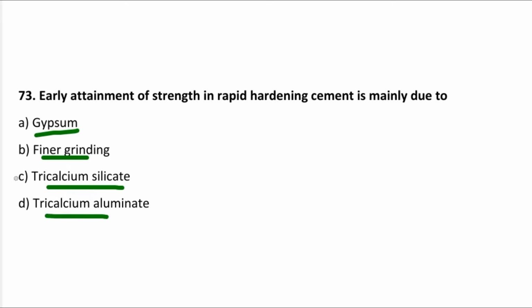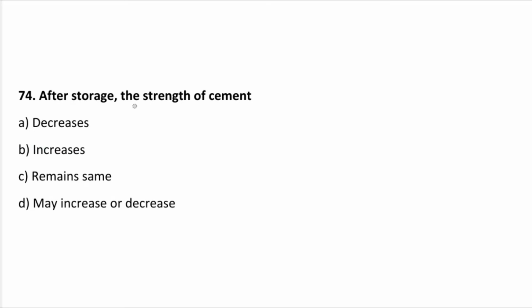So the correct answer is option B, finer grinding. So next question, after storage the strength of cement option A decreases, option B increases, option C remains same, option D may increase or decrease. So the correct answer is option A, decreases.